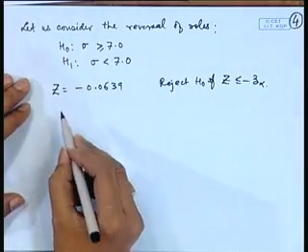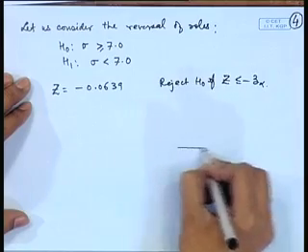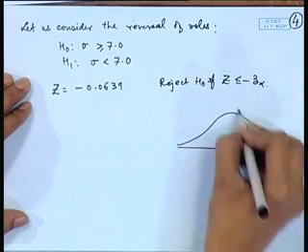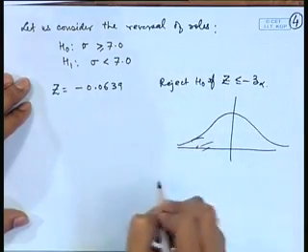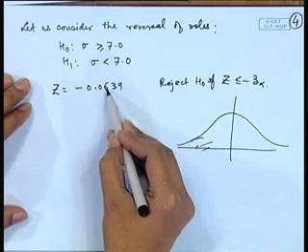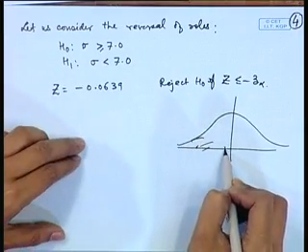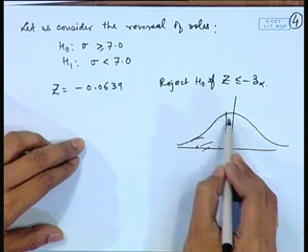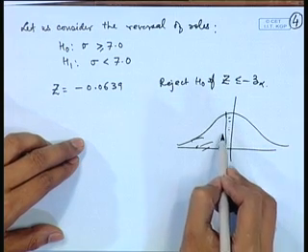Now, you can see for any reasonable level of significance, because these are negative values, Z equal to minus 0.06 is somewhere here. That means there is a very small probability above this.